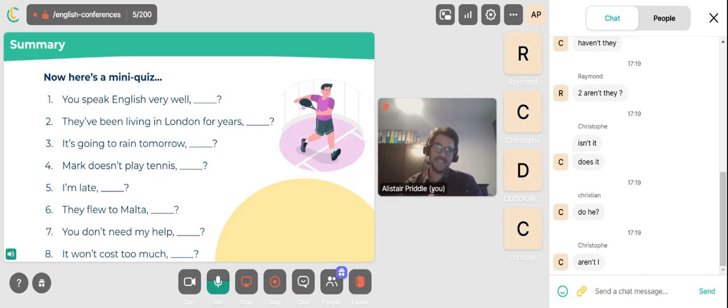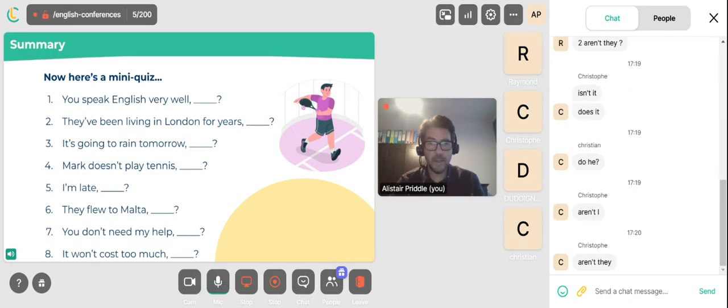And number 6, they flew to Malta. Okay, now this is in the past. They flew. Now, flew is a verb that would form its questions and negatives with do, and in the past that's did. Now, they flew is positive, so they flew to Malta.